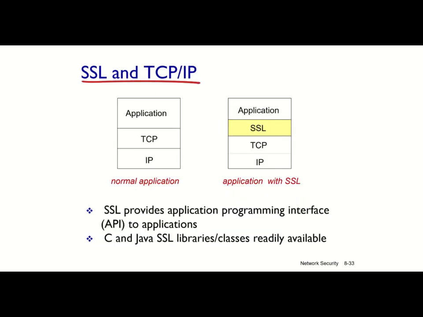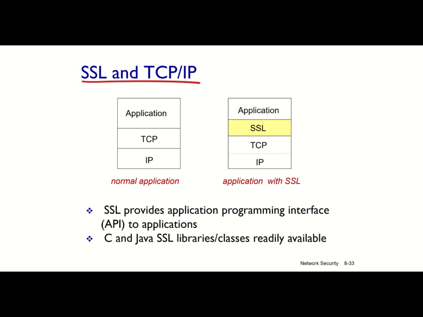SSL is a layer between TCP and the application layer. In fact, SSL gets the services that TCP provides, and then will serve the application layer by a secure connection.